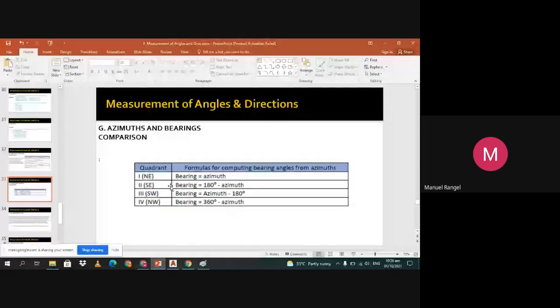For the first quadrant, the bearing is equal to azimuth. For second quadrant, southeast, the bearing is equal to 180 degrees minus the azimuth. And for third quadrant, the bearing is equal to azimuth minus 180 degrees. And the fourth quadrant, bearing is equal to 360 degrees minus azimuth.